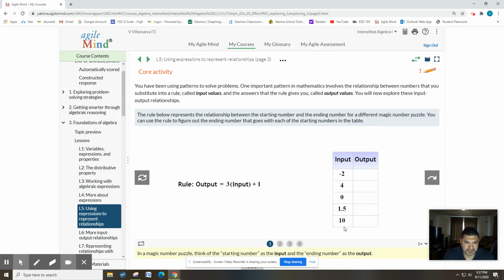In a magic number puzzle, think of the starting number as the input and the ending number as the output. Okay, so the input is what we're putting in. We're going to place it right in here to the input. Our result from this expression here will give us our output.